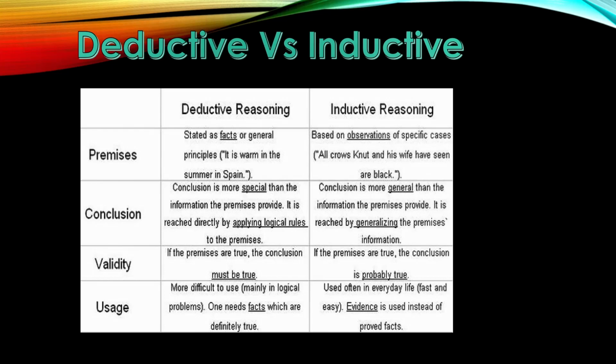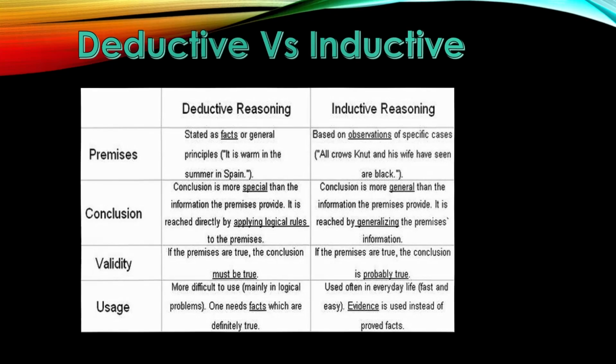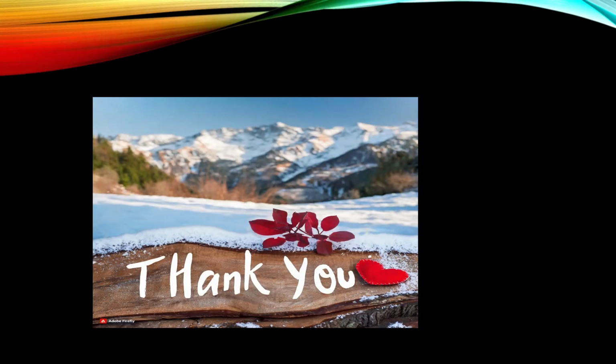Saying about inductive reasoning, it is used often in everyday life. It is very easy and fast to do inductive reasoning, and evidence is used instead of proven facts. So these are the differences between the deductive and inductive approach. Thank you.